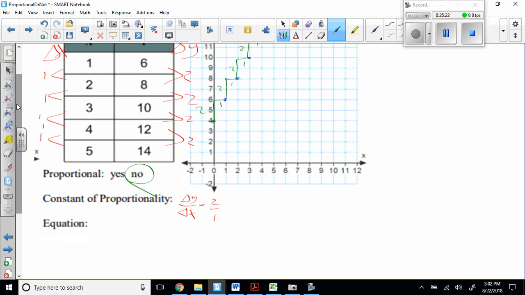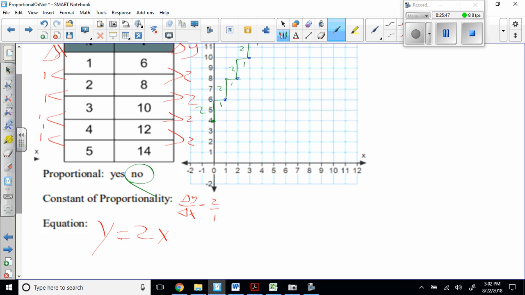Now, my question is this, whippersnappers. What is my equation? Y equals 2x. Okay, hold up. Let's check this, because we checked the other one, did we not? So let's check it. If I plug 1 in for x, what is 2 times 1?